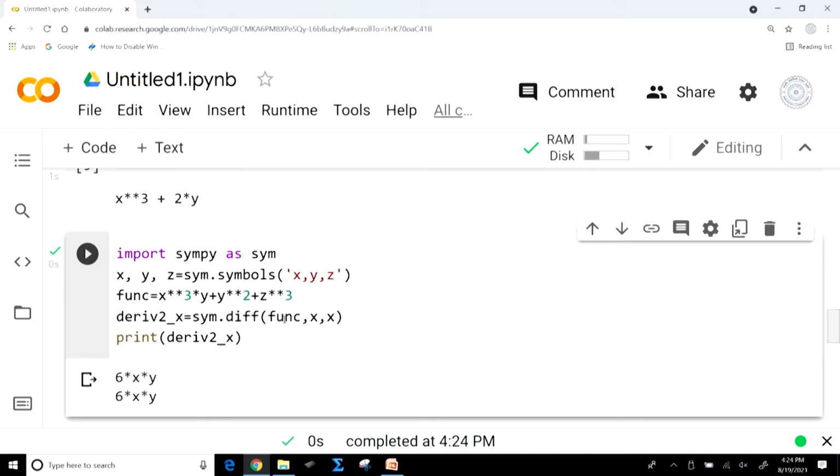Now, suppose you want to find the second order partial derivative of this function with respect to x and y, that is del square f upon del x del y. In this case it is very easy: you simply replace one of the x with y.